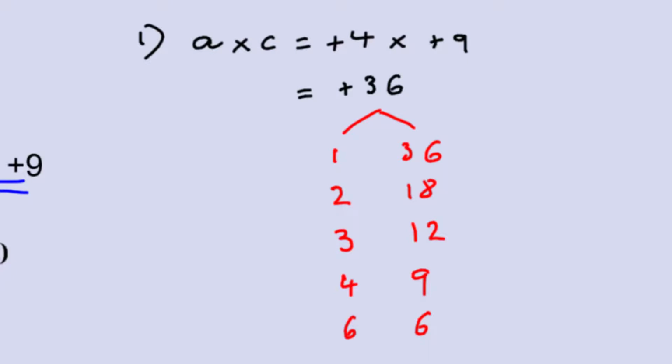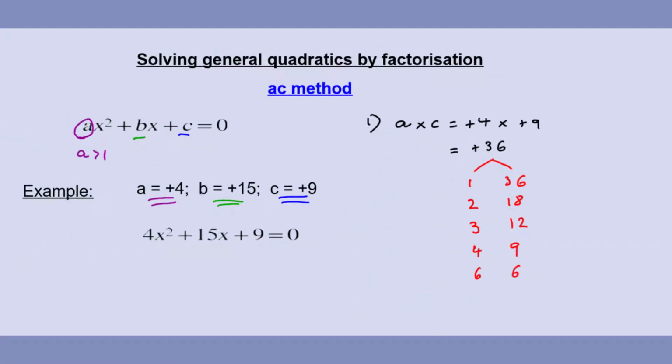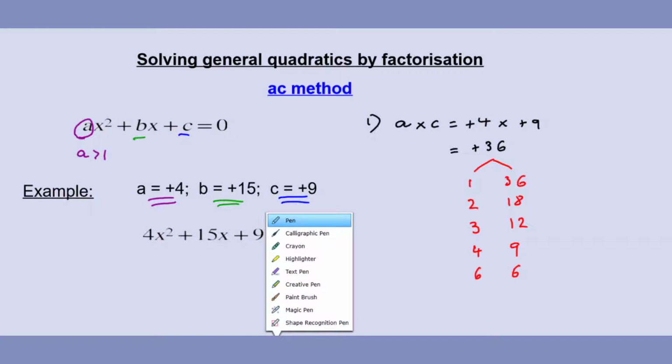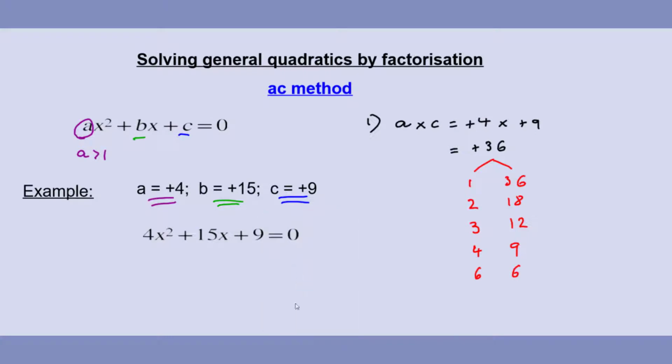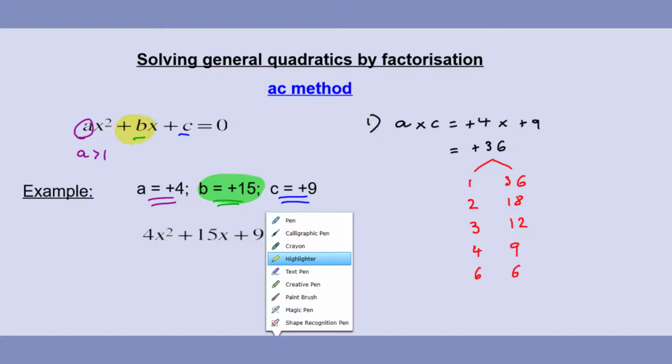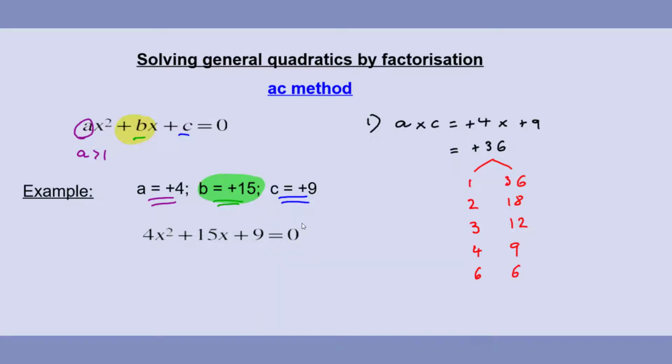Like we've seen in the simple method in the previous sessions, we'll have to decide on the sign of those numbers for each pair. To look for the sign, we have to consider the coefficient of x, which is plus b, in our case plus 15. We need two numbers that would add up to give plus 15, because the coefficient of x is the sum. If two numbers add up to give a positive number, that means the larger of the two factors must be positive for that sum to be positive.